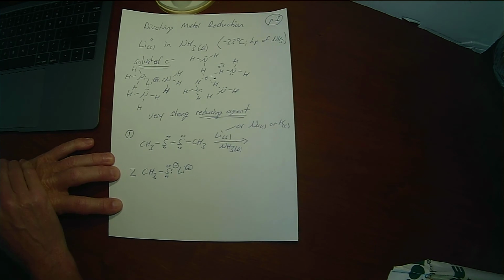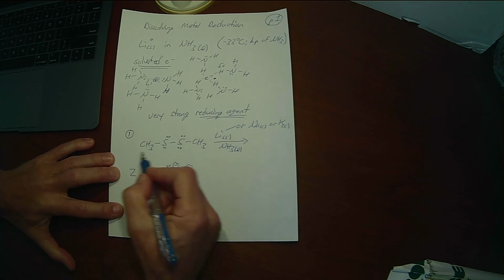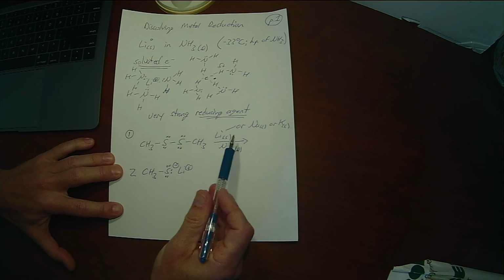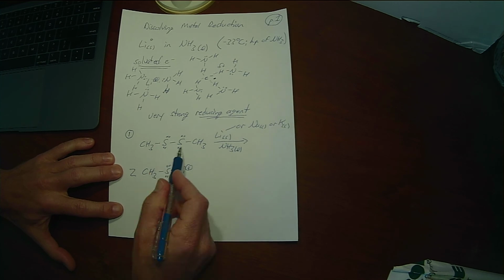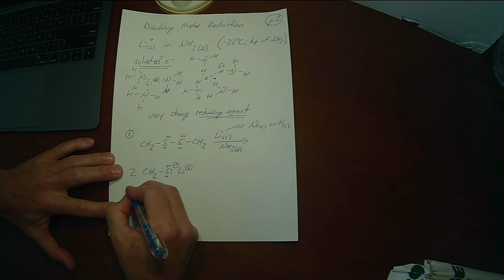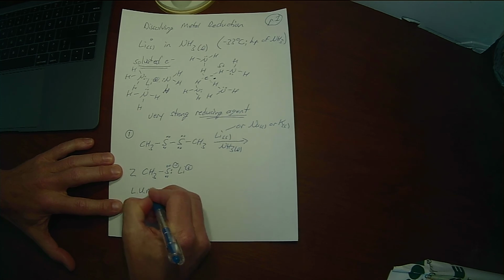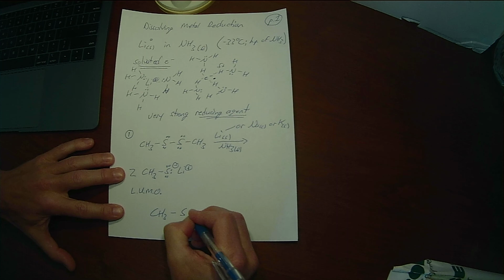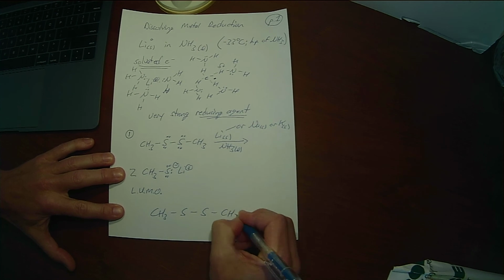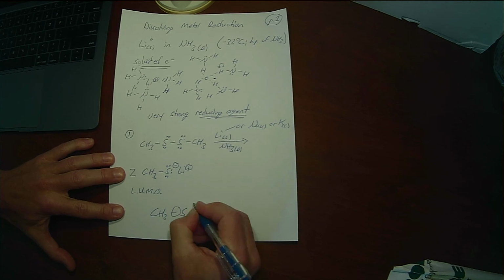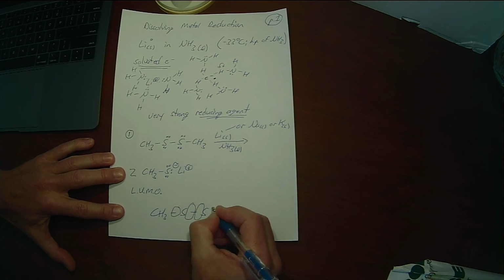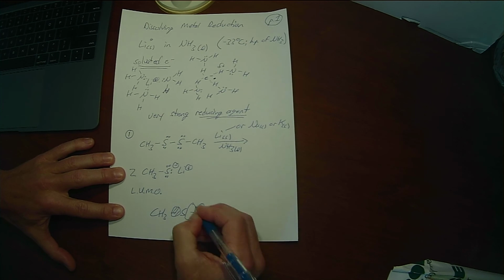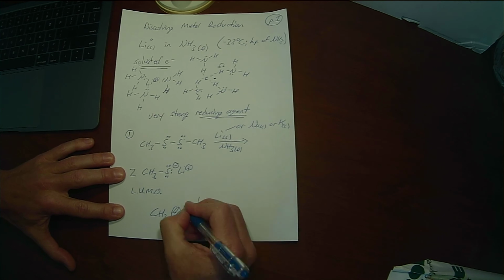I don't think I talked about the mechanism of how this reaction goes, but basically you're donating an electron into the sulfur-sulfur bond. The lowest unoccupied molecular orbital for this disulfide is actually a sigma star orbital that looks like this and has a node down the center between the sulfur atoms.